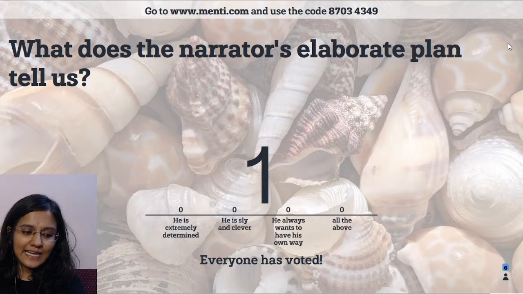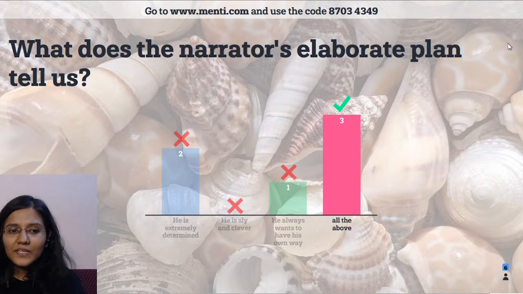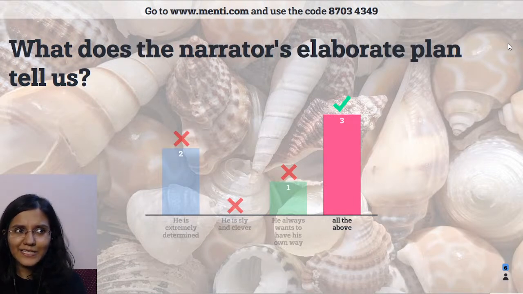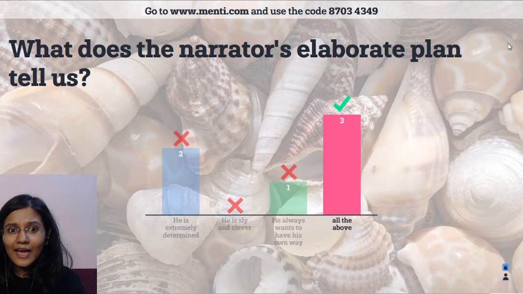What is the narrator's elaborate plan? It tells us all of the above. He is determined. He also very much wants to have his own way. He is also quite sly and quite clever, right? He's come up with an entire strategy. He's plotted out different bits of it to get Ranga and Ratna to marry, and by the end of it, it really does happen.